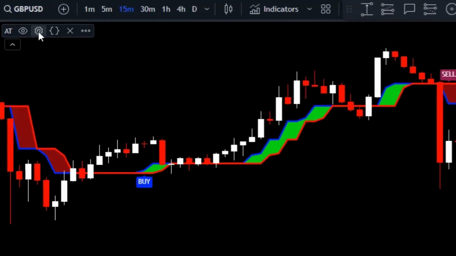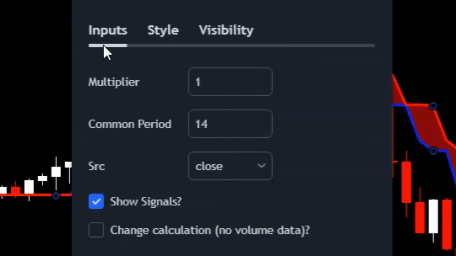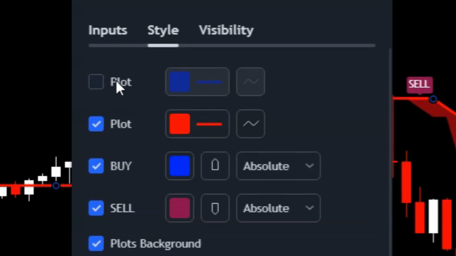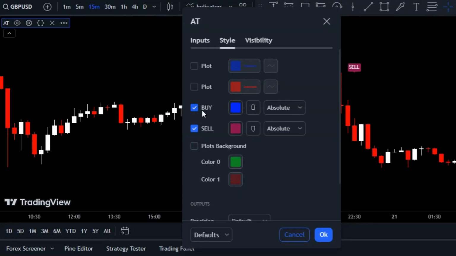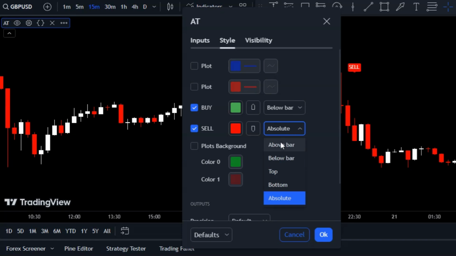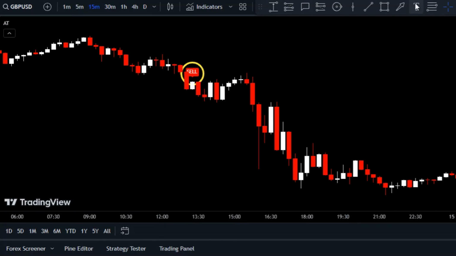Now it's time to fine-tune this indicator. So now, feel free to start trading using the buy and sell signals from this indicator.